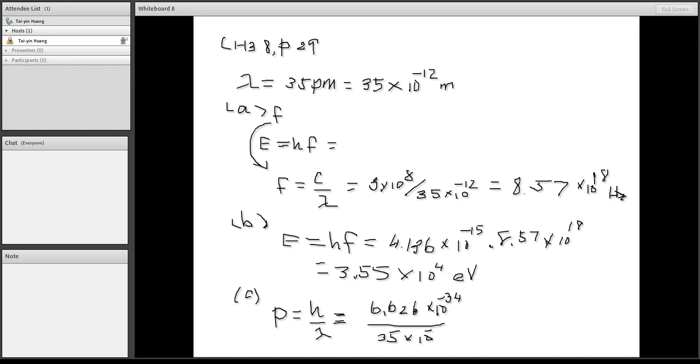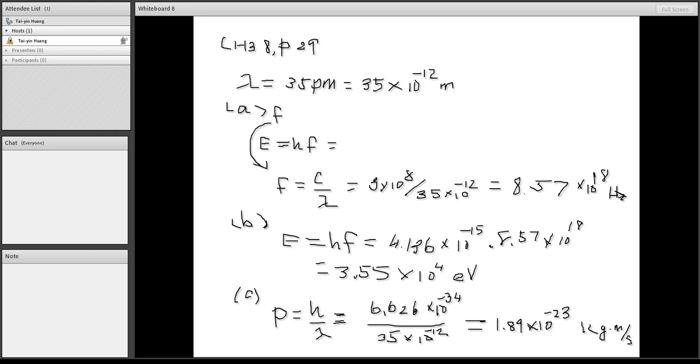When you do the calculation, you get that the linear momentum of the photon is 1.89 times 10 to the negative 23, and the unit for linear momentum is kilograms times meters per second.